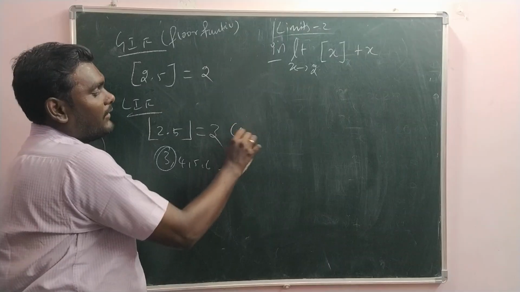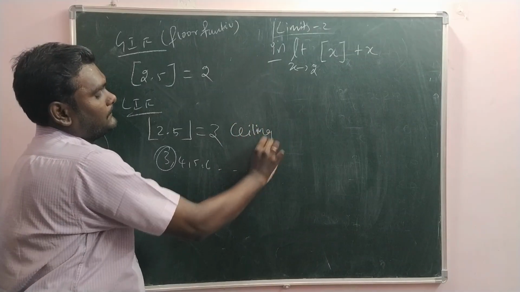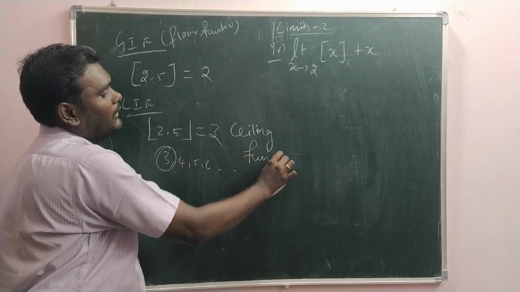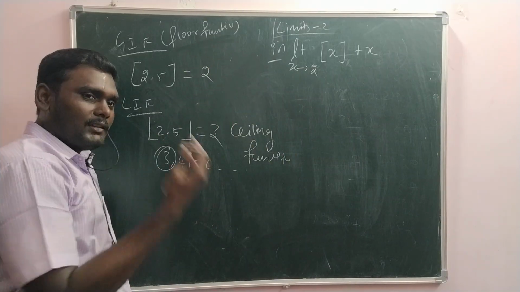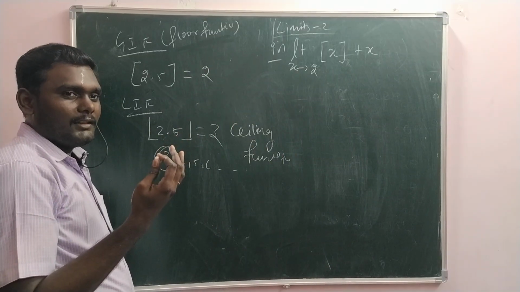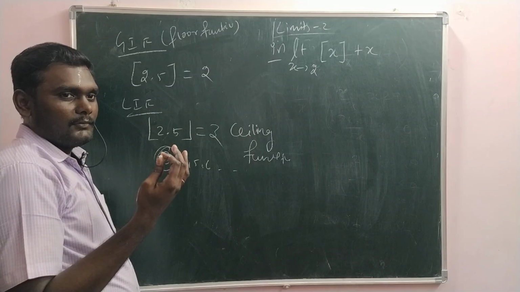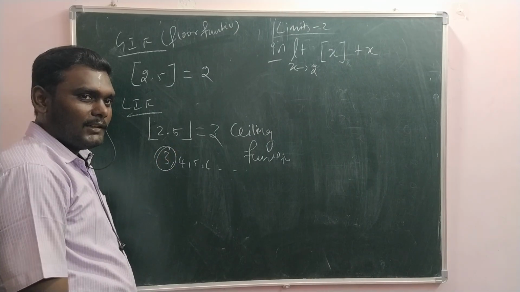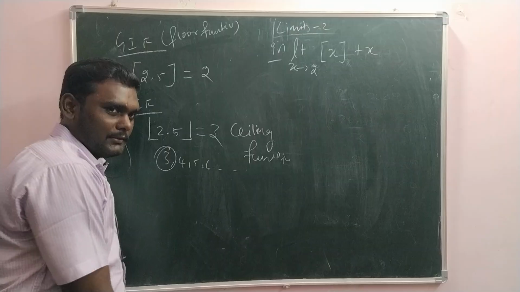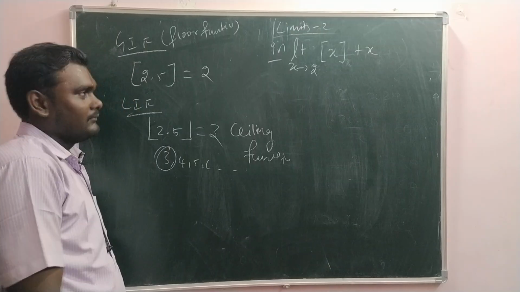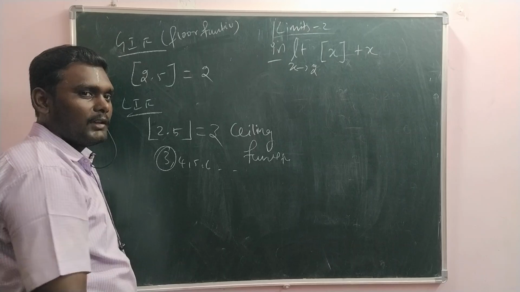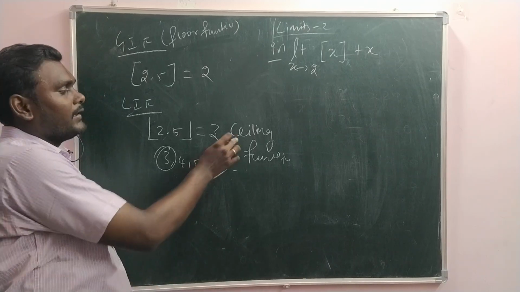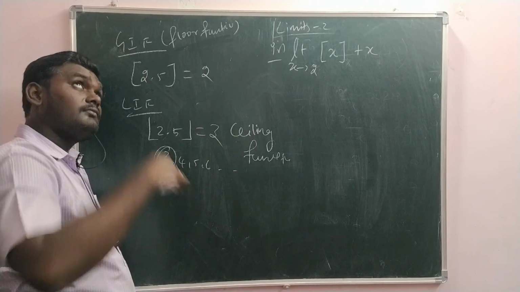This is called ceiling function. You get this point? Less than integers, like we might be on the third floor. Why are you saying third floor? The floor which is greatest among the floors below is the third one. That is why floor function. So we are looking below. Who is the greatest among the below things? Now ceiling function means what? Looking above.